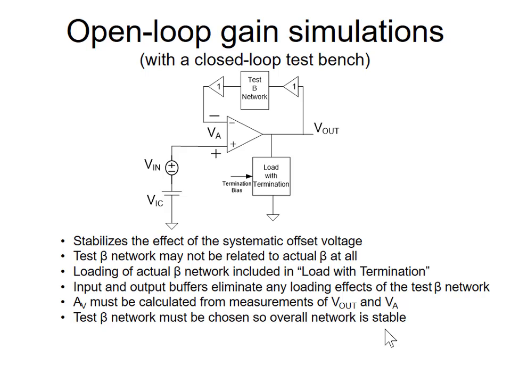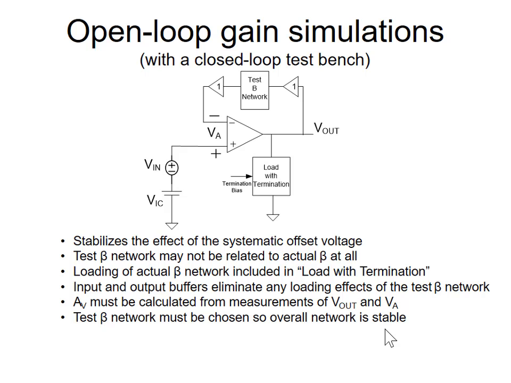So what you might do is put a test beta of 0.01 in there. 0.01 might be a small enough beta that the feedback amplifier will still be stable, even if you don't have anywhere near the right compensation for beta equal 1. You may not need any compensation for a real small value of beta.